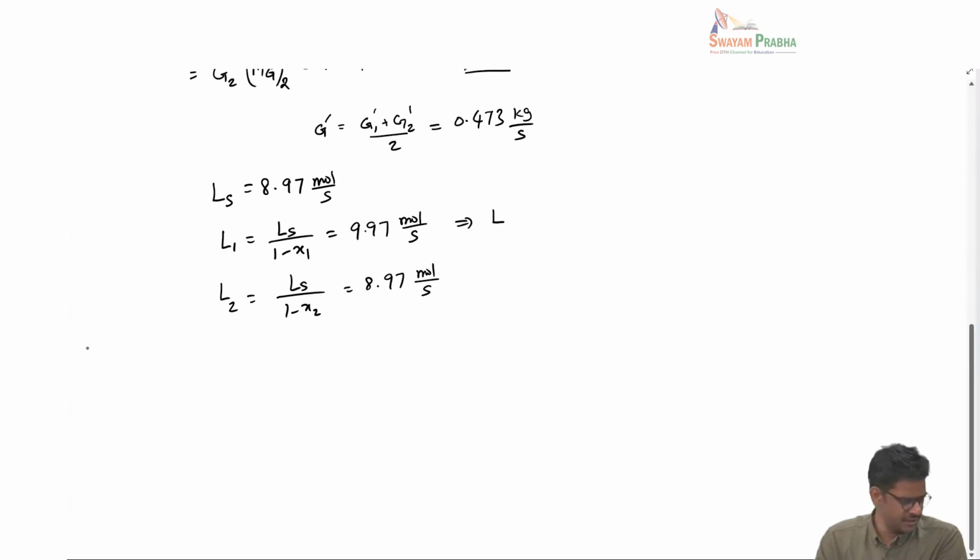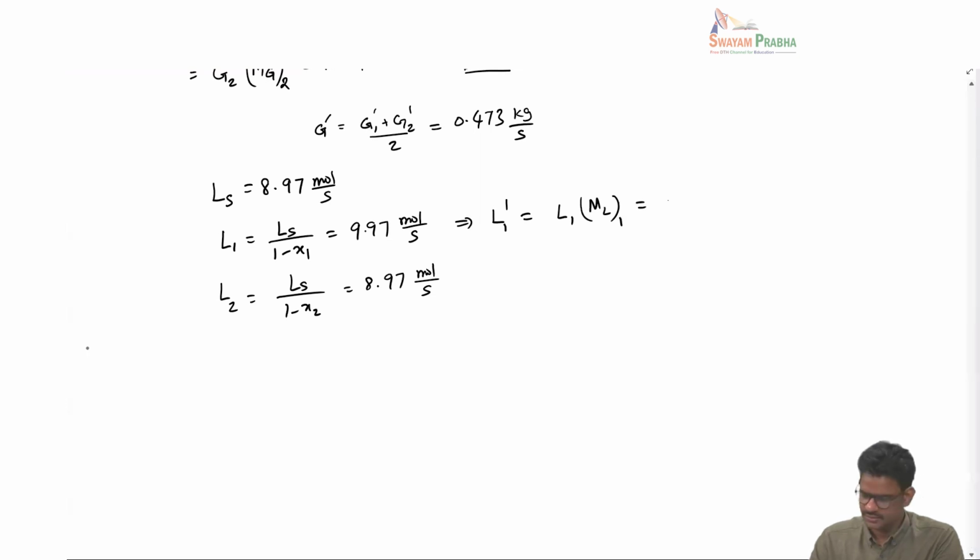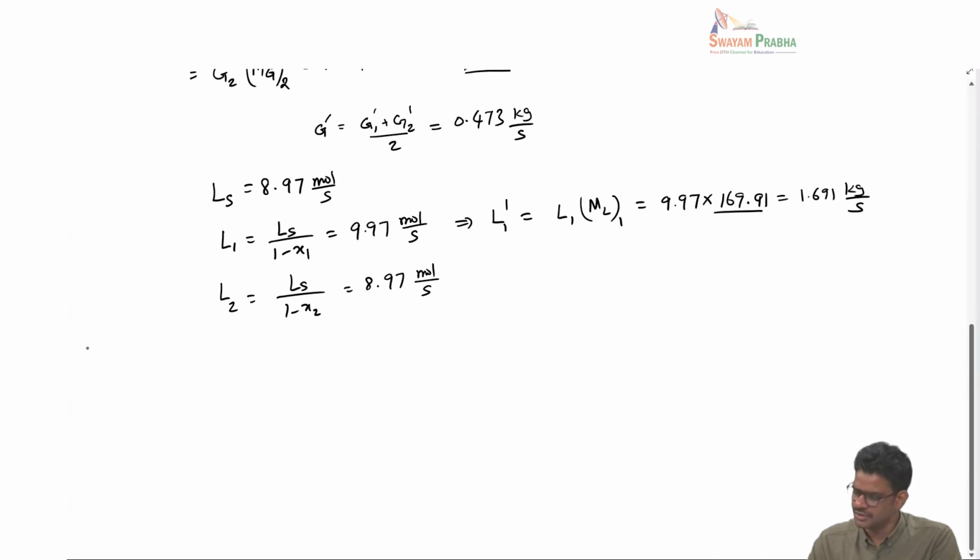From here you can find L1 prime as L1 times the molecular weight of the liquid at location 1. This molecular weight is obtained based on the composition of the liquid at the bottom. At the bottom there's 10% of CS2 in the liquid, and the remaining 90% is the oil. So this is the average molecular weight if you calculate that. I'm not showing that explicitly, but you can do this.